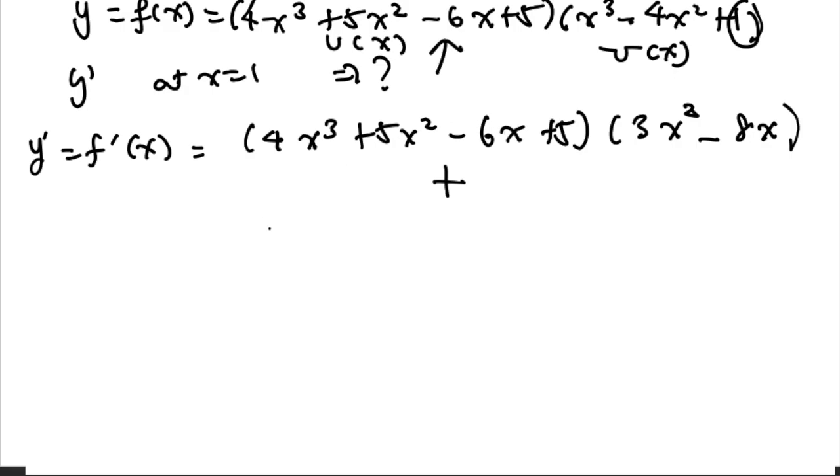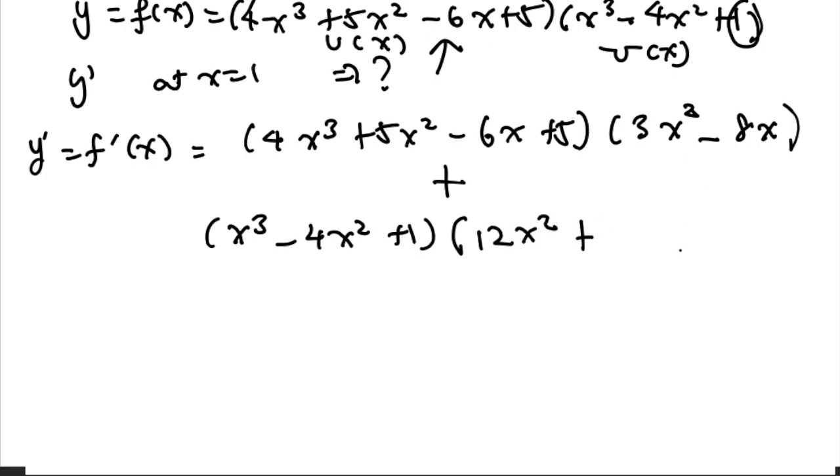So when we rewrite v(x), it becomes x cubed minus 4x squared plus 1, and then in bracket differentiate u(x). When you differentiate u(x), 4x cubed becomes 12x squared, 5x squared becomes 10x only. Minus is minus, I'm talking about this. 6x becomes 6, 5 becomes 0, and then close the bracket.